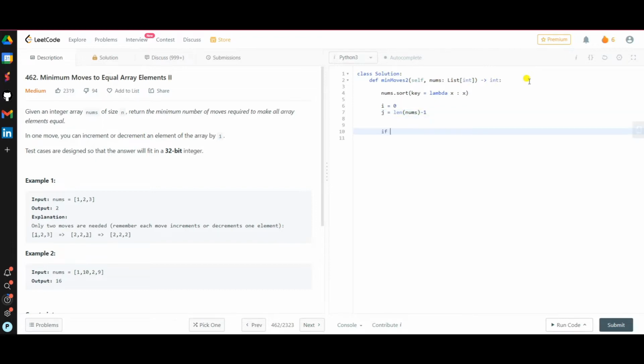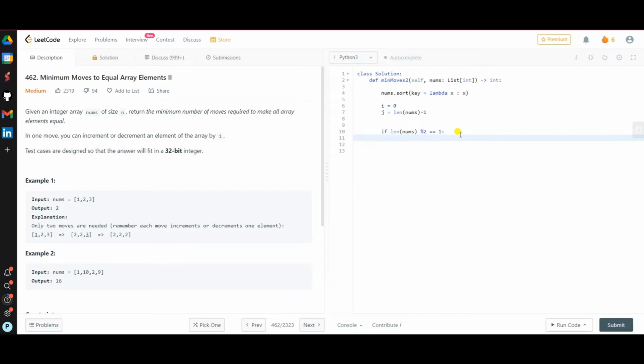So say my array is of odd length, then length mod 2 equals 1, and I know there's just one median element, which is the middle element. So in this example, 1 2 3, 2 is the middle element.